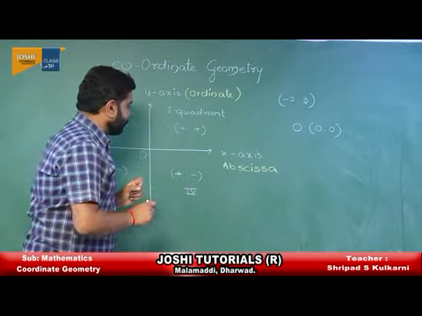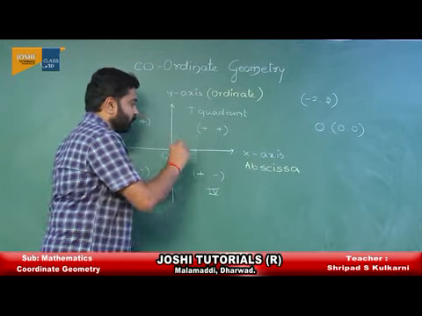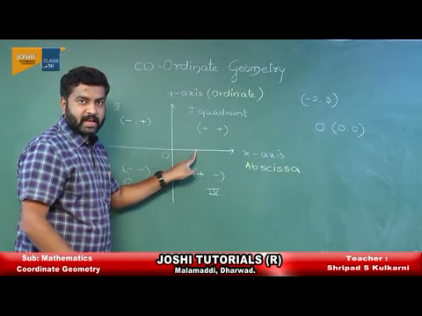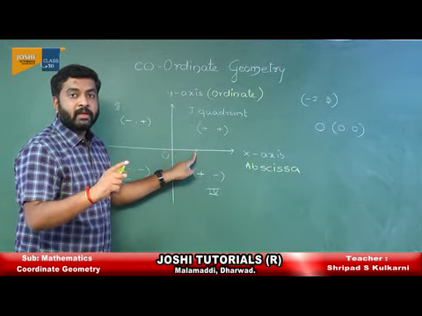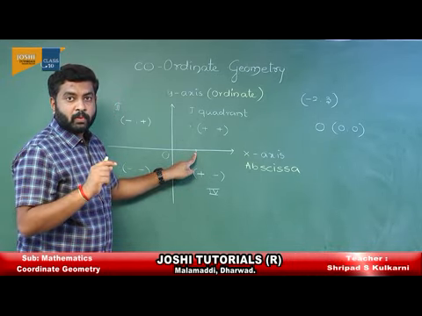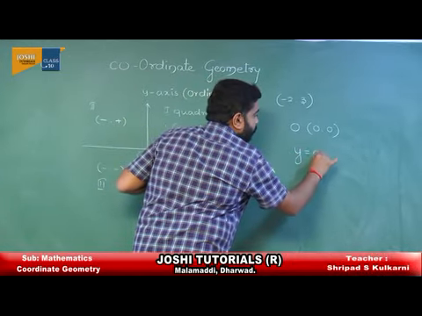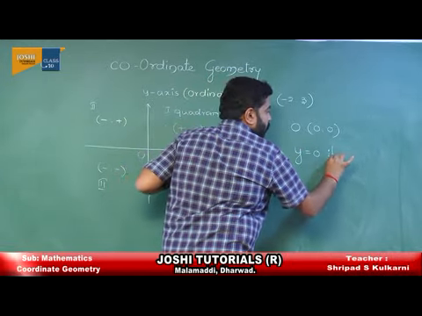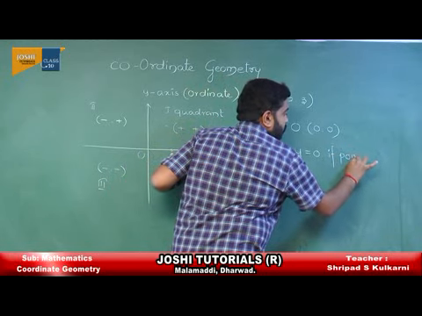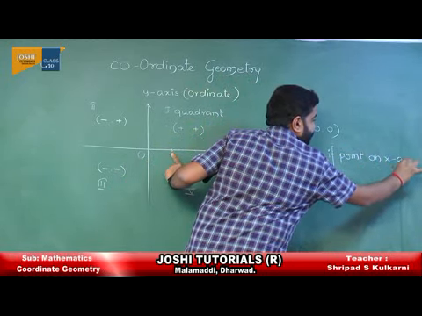Next, one more basic you need to remember. If a point lies on x-axis, suppose if a point lies on x-axis here, then they may ask what is its y-coordinate. Y-coordinate is always 0 if the point is on x-axis.